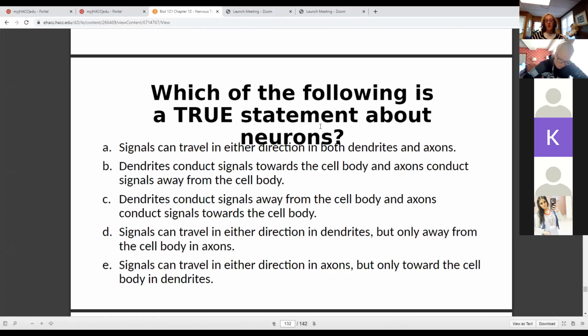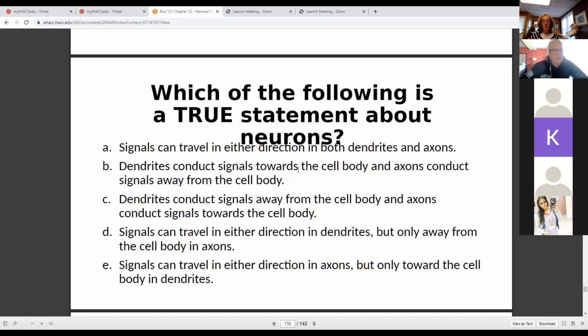Which of the following is a true statement about neurons? Take a guess.